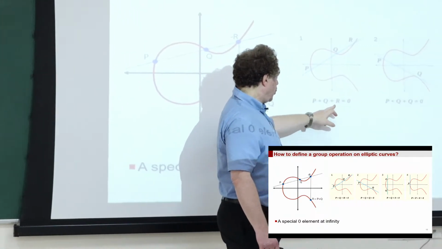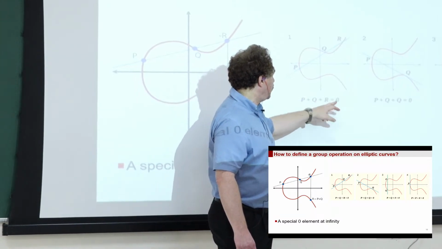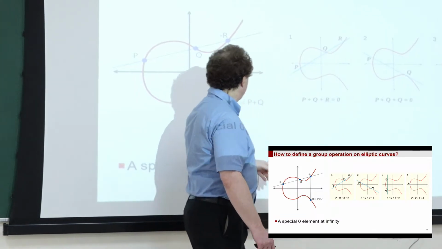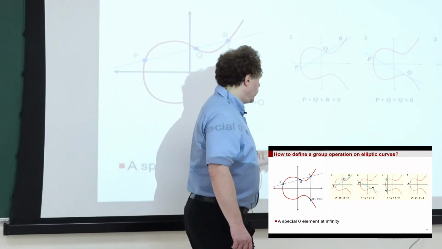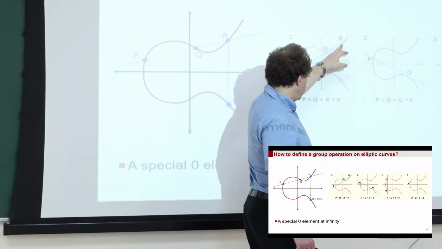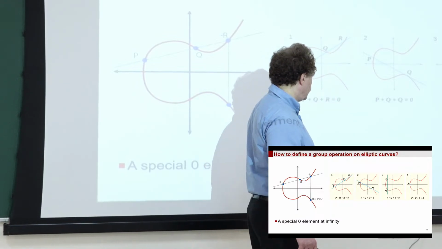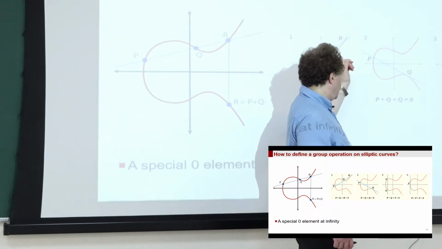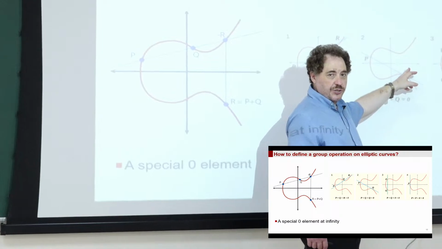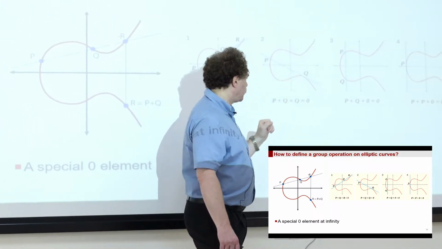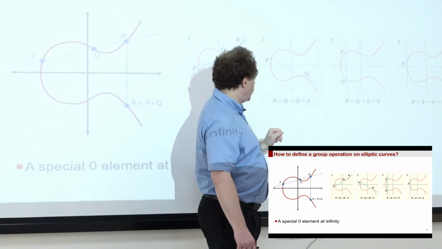Okay. So some examples. P plus Q plus R would be equal to 0, similar to this case, because P plus Q would be equal to minus R, and R plus minus R is equal to 0. Now P plus Q, here we have a tangent, right? So what do we do with the tangent?